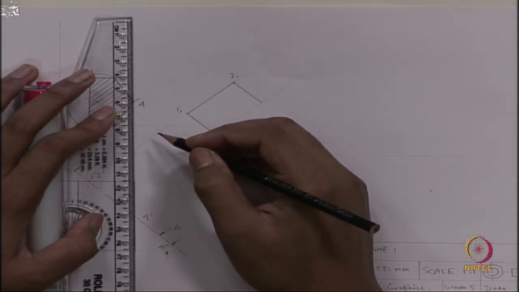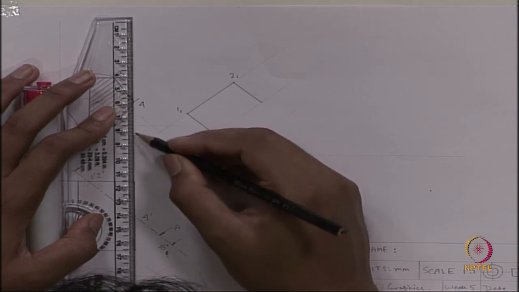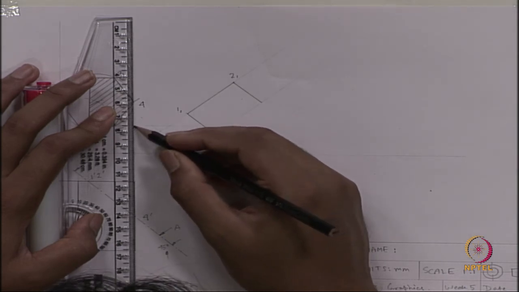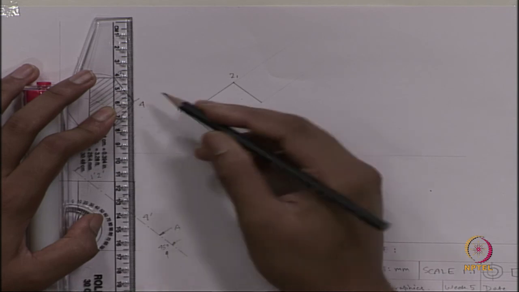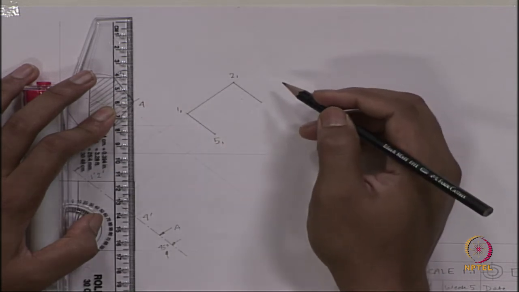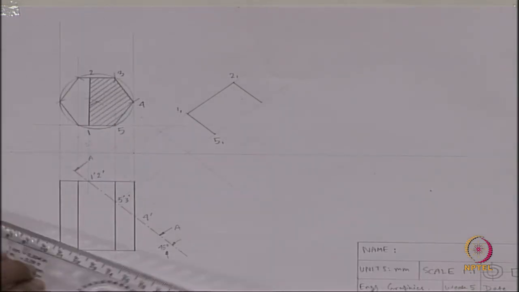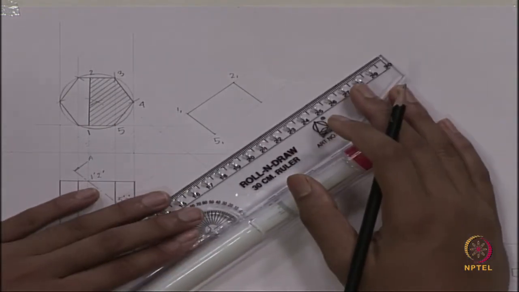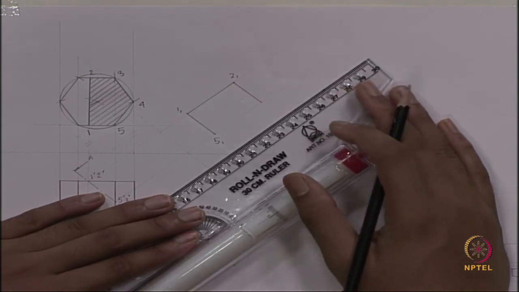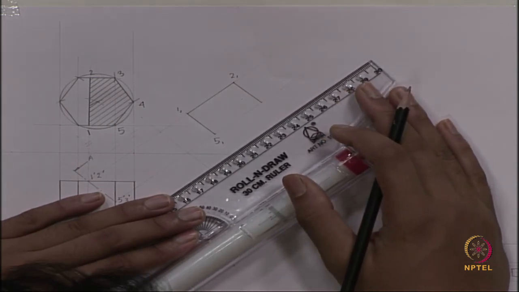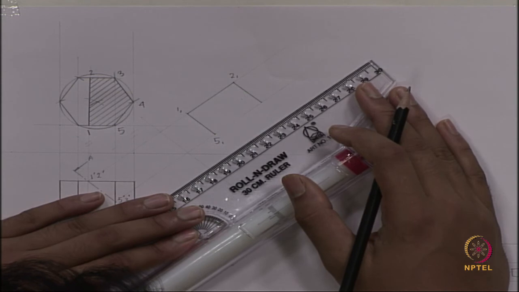The exact location is around 37 from the reference line. So, from this reference line also we have to choose a distance of 37.